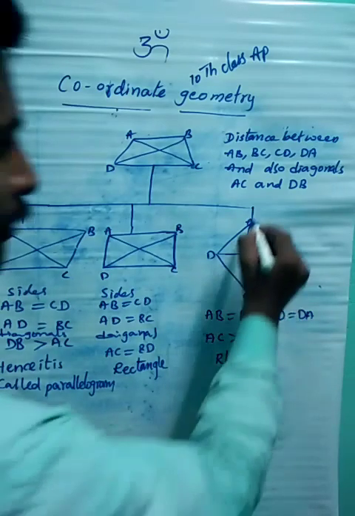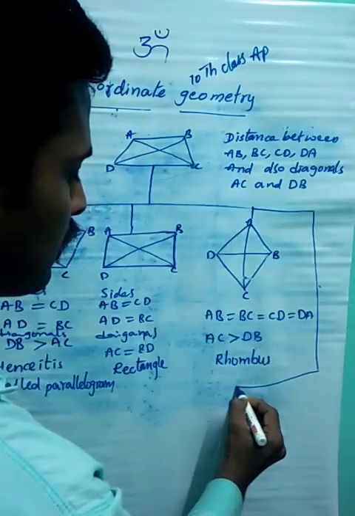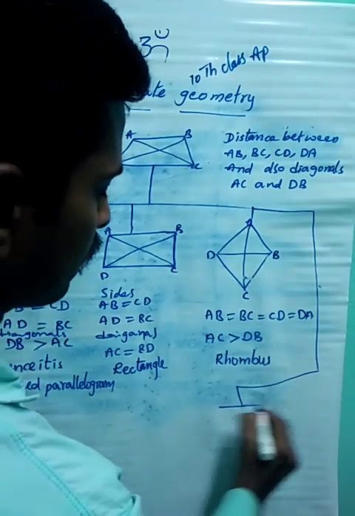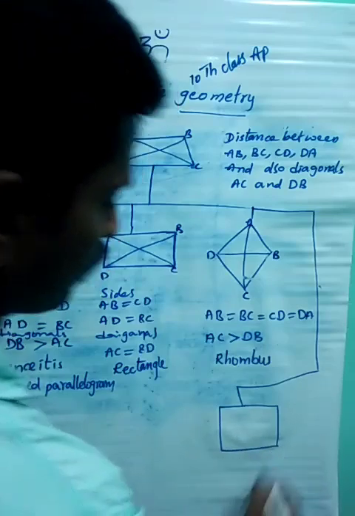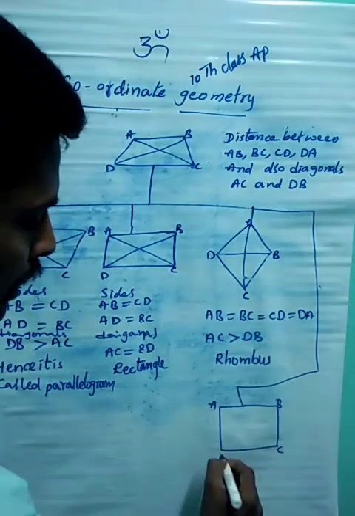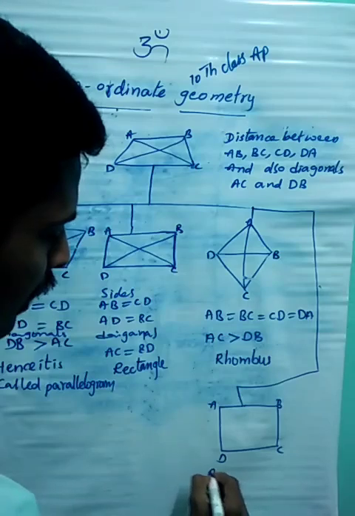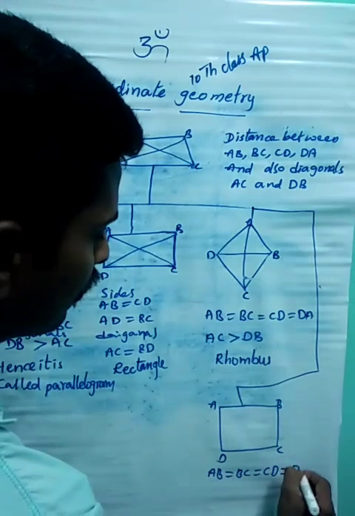Okay, in the same way, one more. Here also name the vertices A, B, C, D. Same: AB is equal to BC is equal to CD is equal to DA.